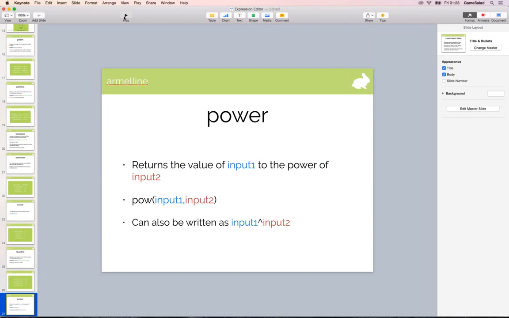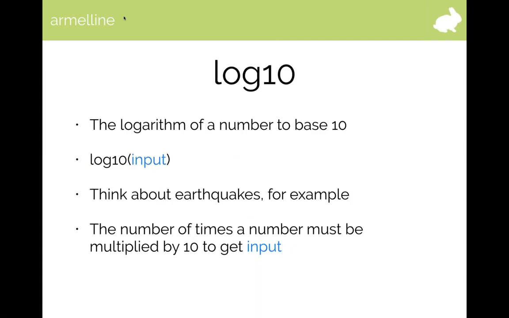Now, the next one we're going to look at is log 10. I'm not going to get into any detail really about what a logarithm is, but I'm going to show you what this does. A good way to think about it is to think about earthquakes. We're probably all familiar with the Richter scale, and although this isn't quite how the Richter scale actually works, it's how most people think it works, and it is with broad strokes.